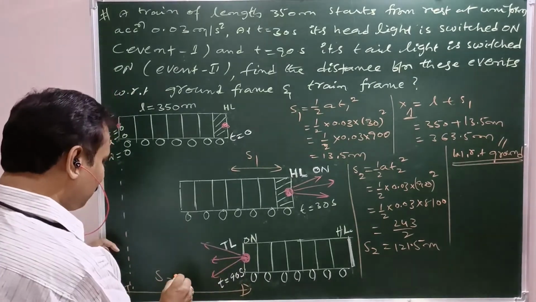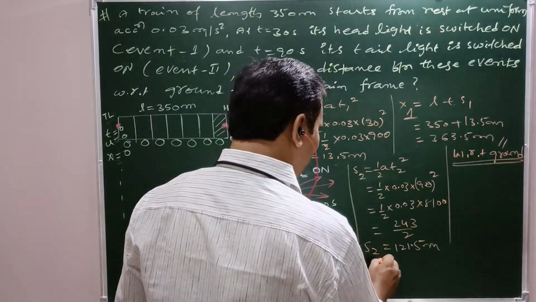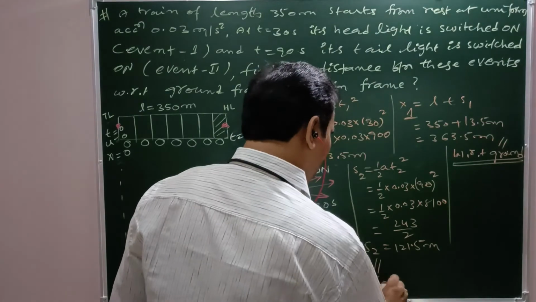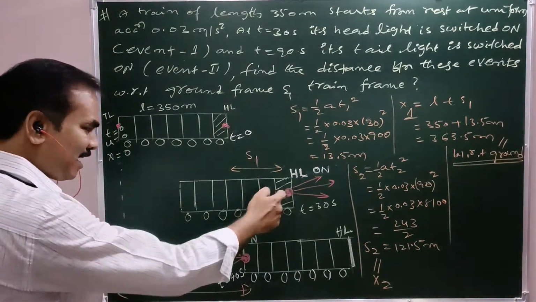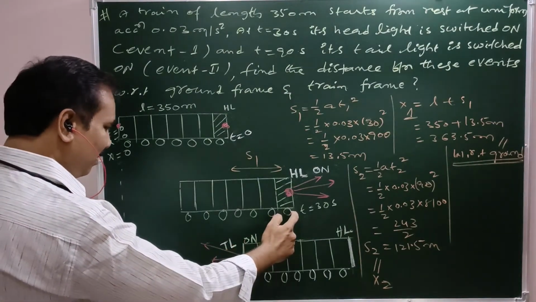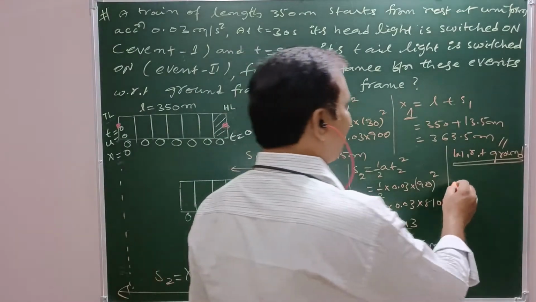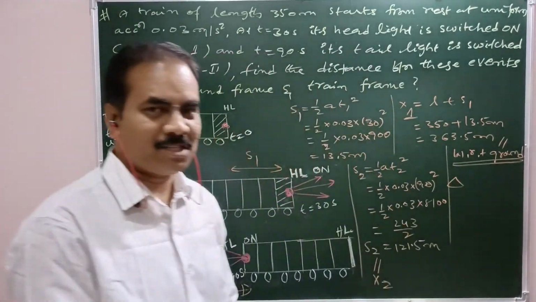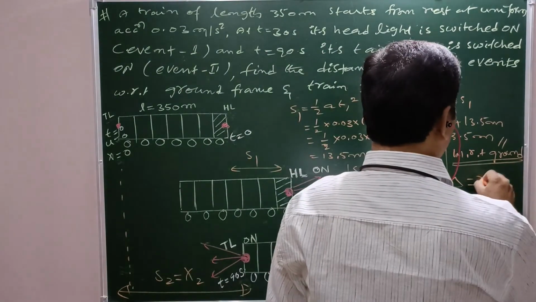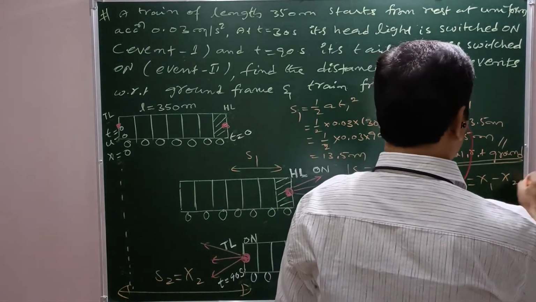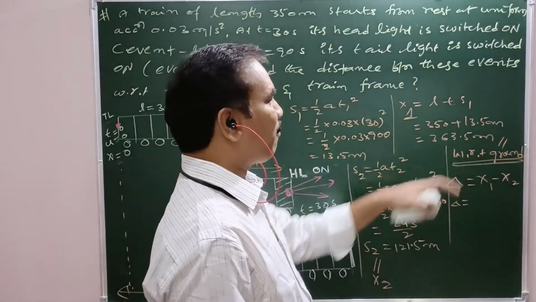Now with respect to ground, the separation between these two events is x1 minus x2. So delta equals x1 minus x2. Delta equals x1 means 363.5.